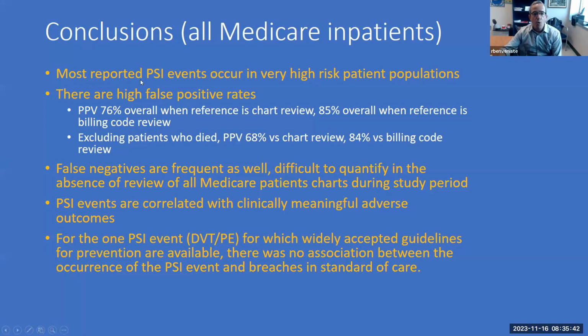We can say that most of these reported adverse events occur in very high-risk patient populations. These were not patients having single-level ACDFs or minimally invasive L4-5 fusions. These were patients having massive, in the spine world, thoracic to pelvic instrumentation, massive multi-stage deformity correction surgeries.